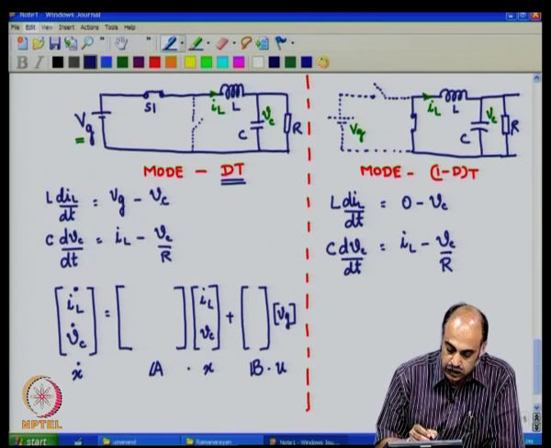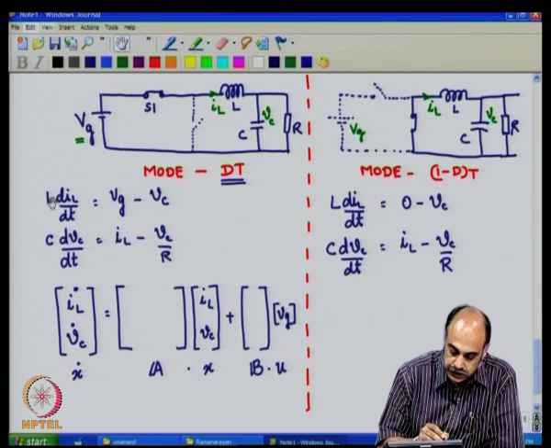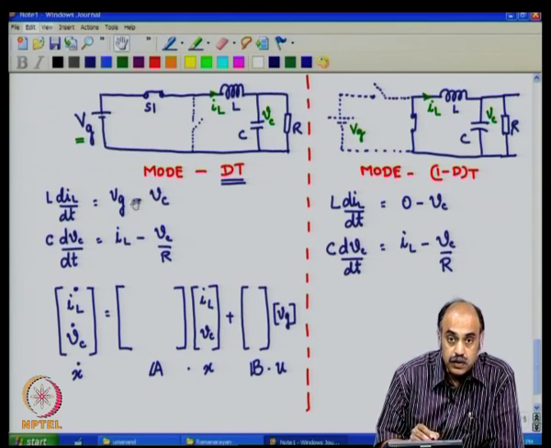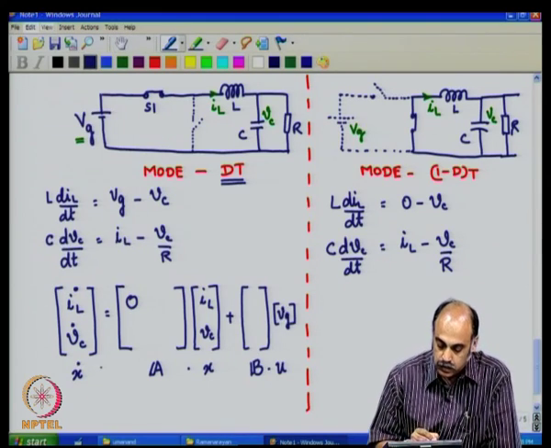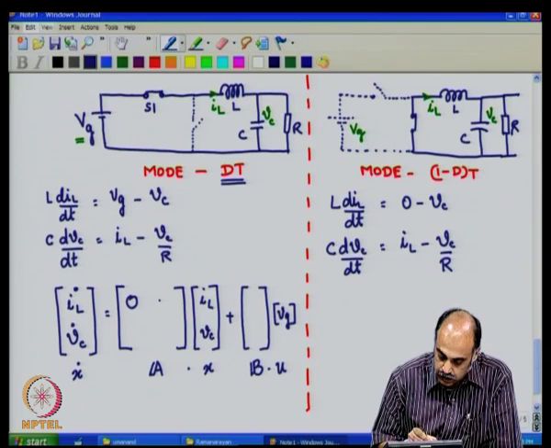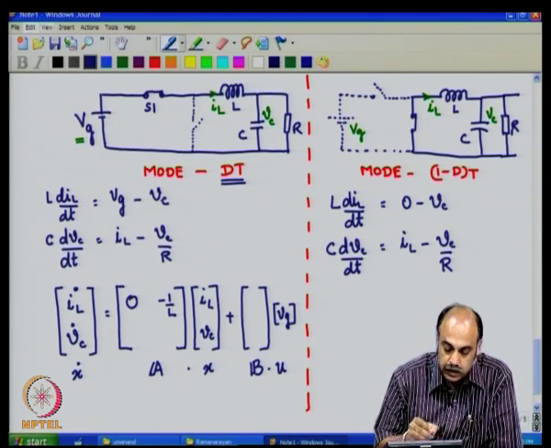IL, the coefficient for IL in the first equation here, is 0. So, we put in 0 here. The coefficient of Vc is minus 1 by L, by taking L onto this part of the equation.